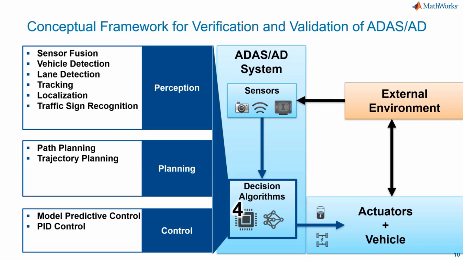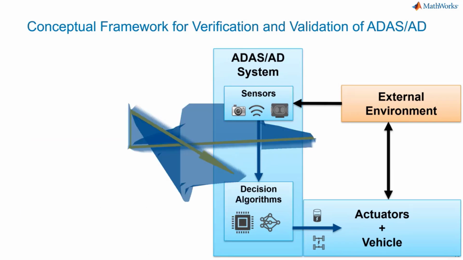So the virtual sensors, virtual simulation environment, the actuator models, as well as the vehicle dynamics, these blocks are all reserved for verifying and validating the ADAS and AD system that is under test. So this is the high-level picture of the framework, right?